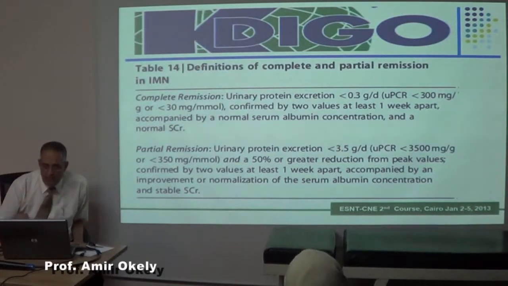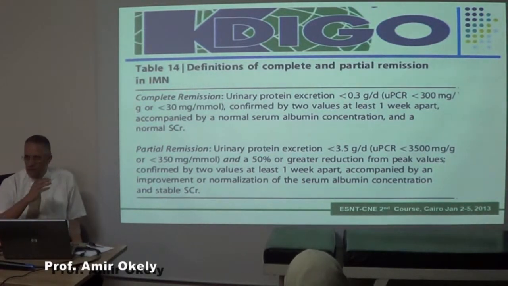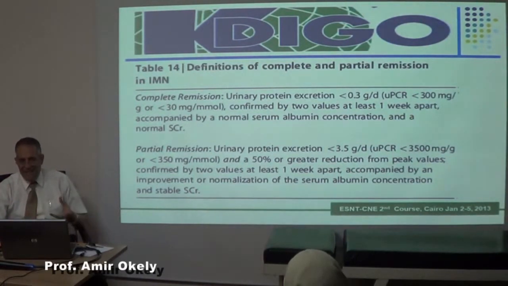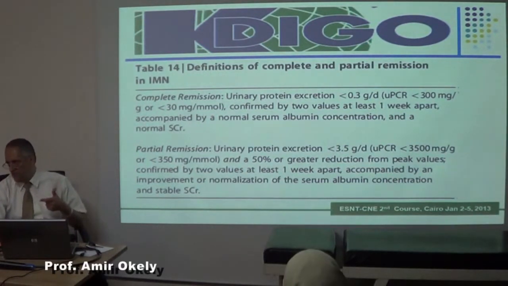Starting with the definition of complete and partial remission before going to the medications. Complete remission in membranous nephropathy is usually defined by urinary protein excretion less than 0.3 gram per day, confirmed by 2 values at least 1 week apart, accompanied by normal serum albumin concentration and normal serum creatinine. This is defined as complete remission.